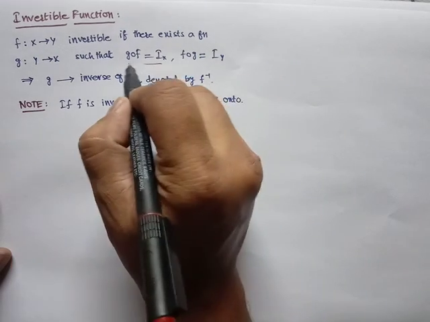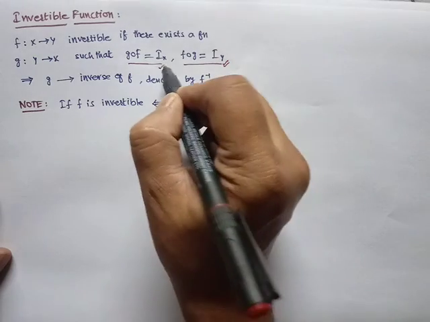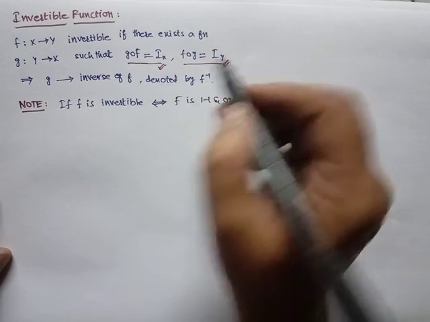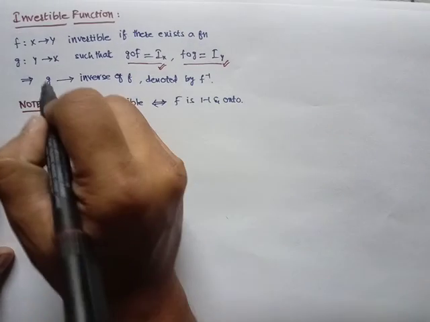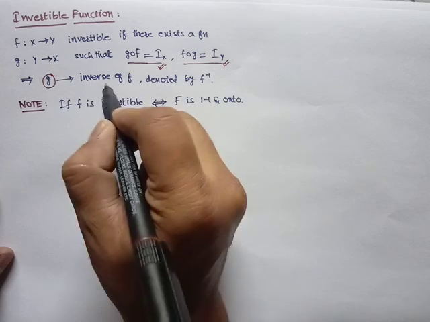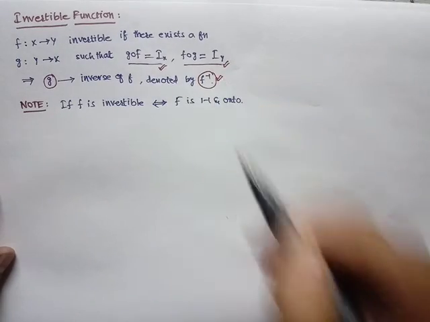There should exist some function g such that g circle f is equal to ix and f circle g is equal to iy, and in that case g is called the inverse of f and it is denoted by f inverse.